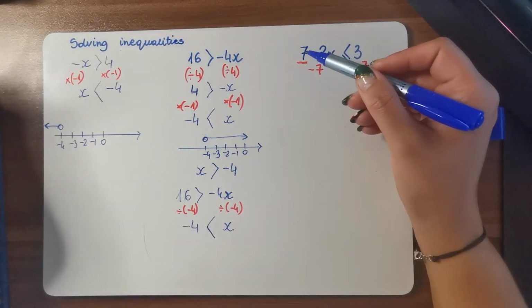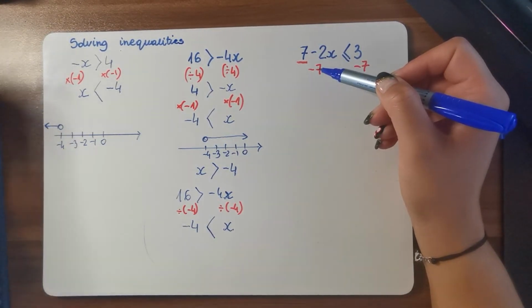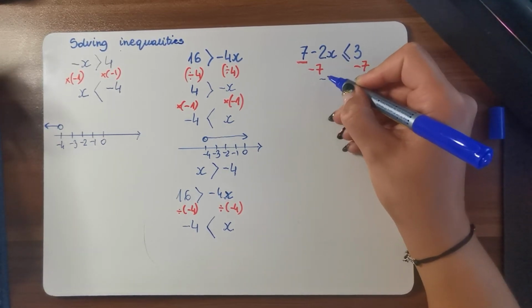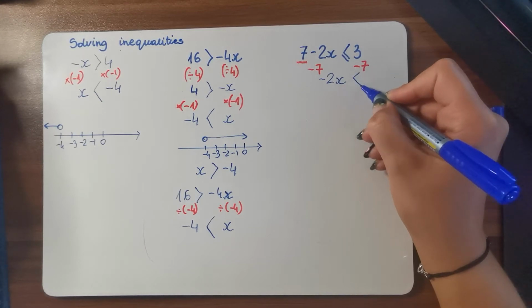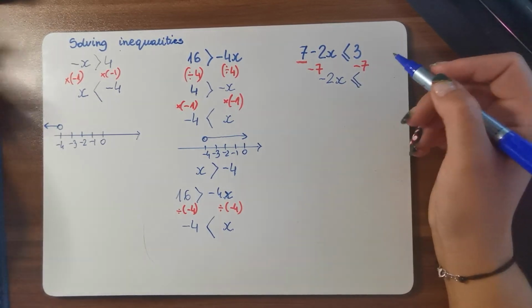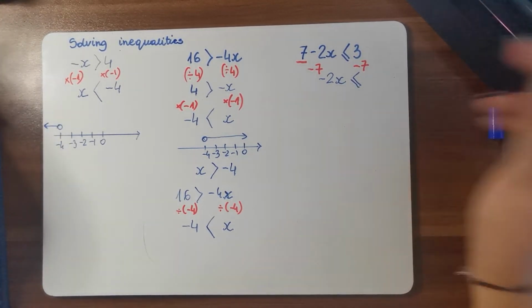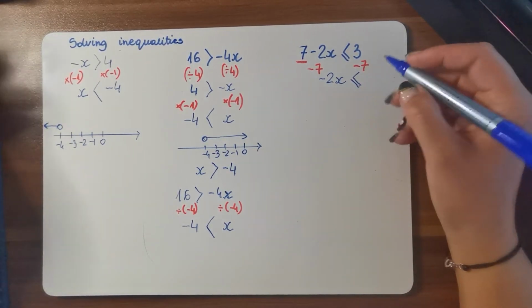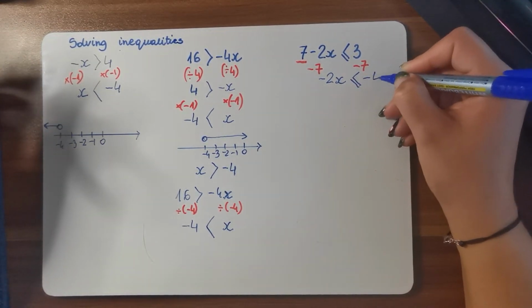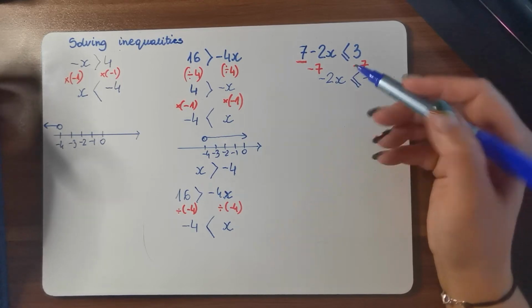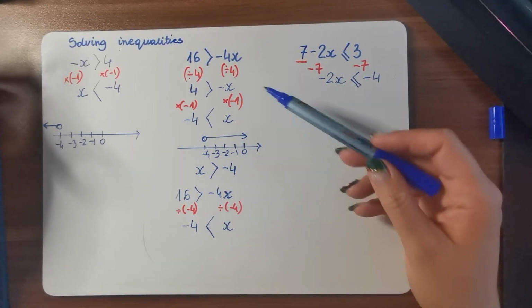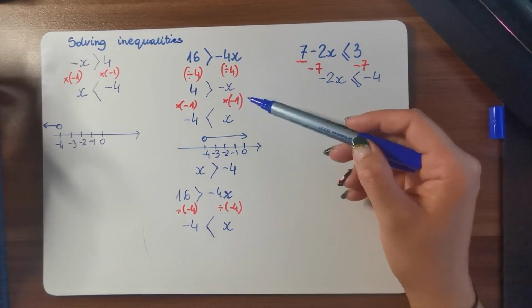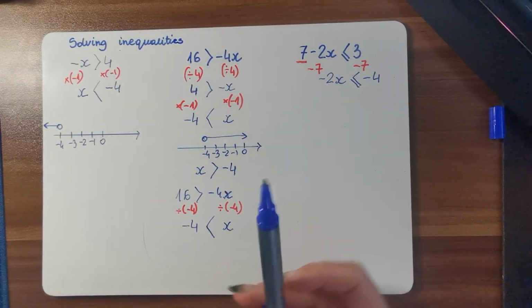So 7 minus 7 is equal to 0, and I'm staying with negative 2x is smaller or equal to negative 4. Now again, we can do it step by step or in only one step. I will show you using this method here.